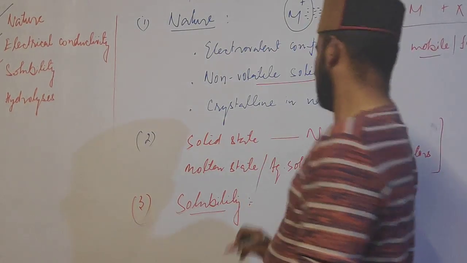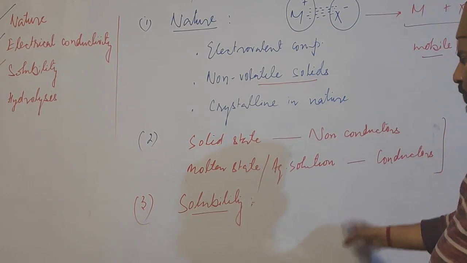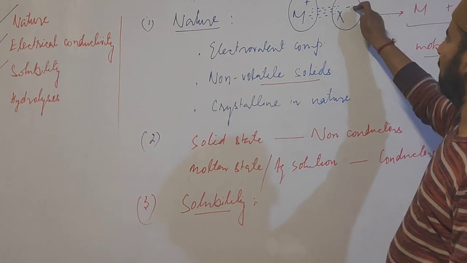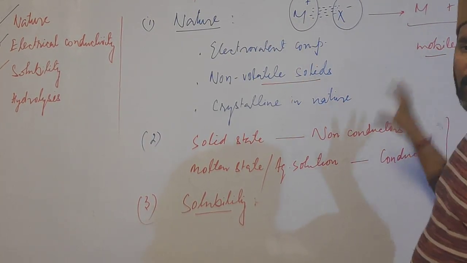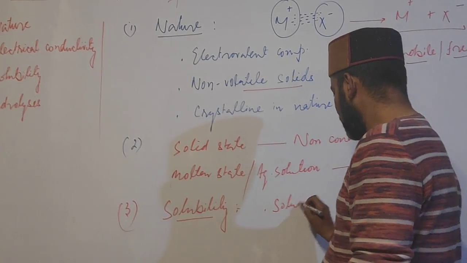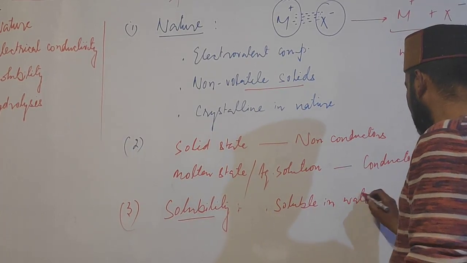Now students, generally we say that salts are polar compounds. This is because each formula unit of a salt has what? A positive end and a negative end. So because of this polarity, salts are generally soluble in water. So most of the salts are soluble in water.